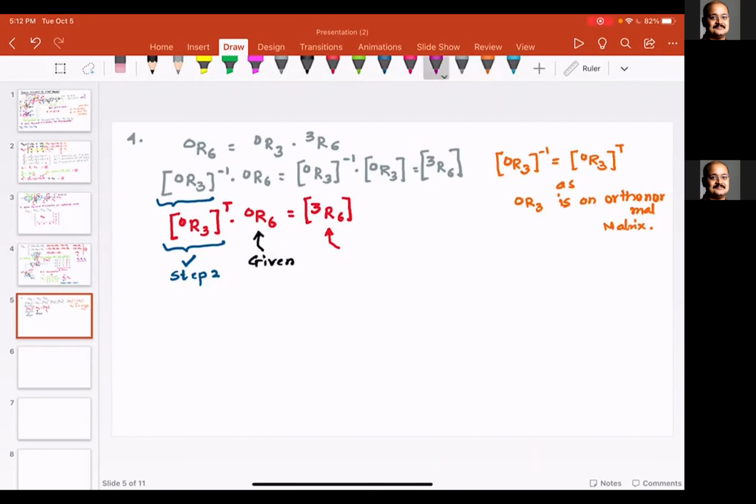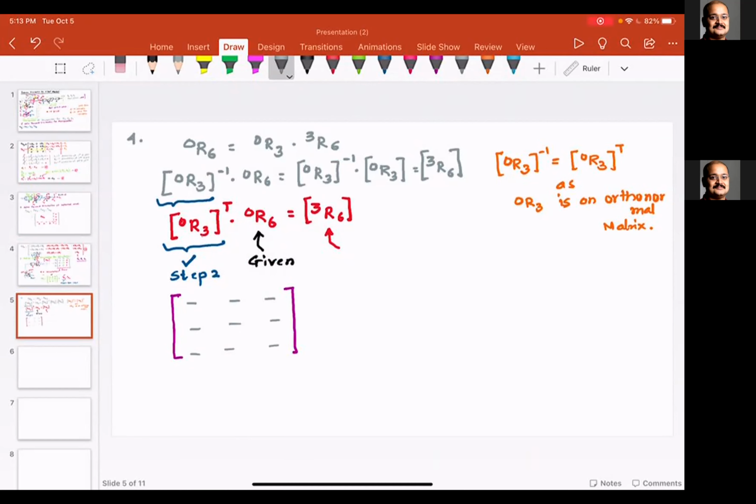Okay, that being said, now let's look at the left-hand side. The left-hand side is going to have some numbers. And to be honest with you, at this point, you would observe that this 3 by 3 matrix could be fully populated because even though 0R6 is a diagonal matrix, 0R3 is a non-diagonal matrix.